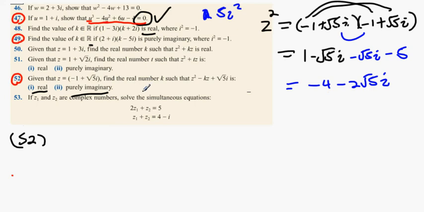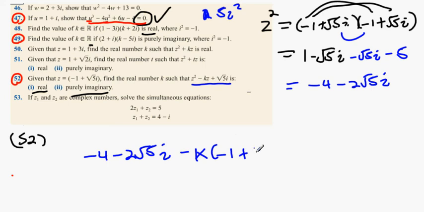Now we're going to put these numbers into this equation here. Z squared is minus 4 minus 2 root 5i. Kz is going to be minus k times what z is. Z is minus 1 plus root 5i, and then we have a root 5i at the end.